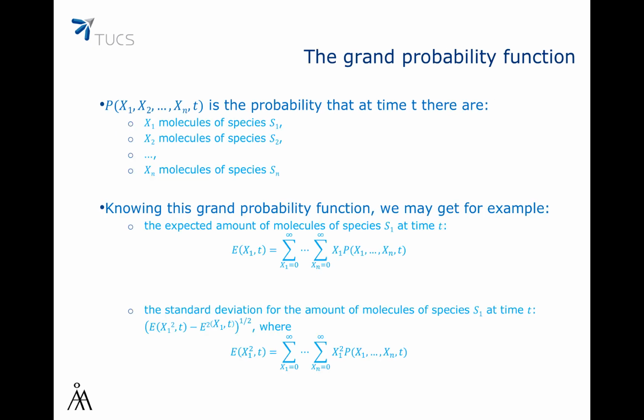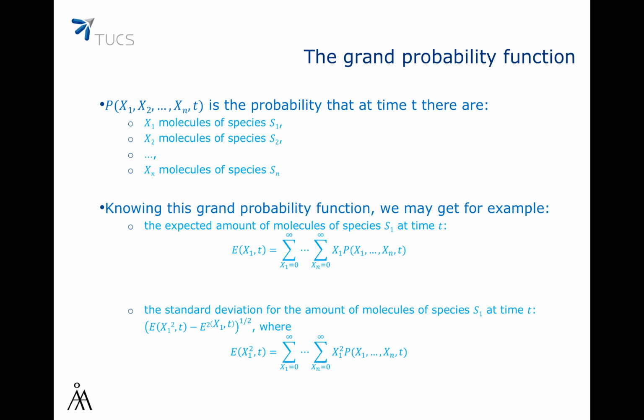The way to reason about the dynamical behavior of a continuous time Markov chain is through the grand probability function. For a system with species or variables S1, S2 and so on up to Sn, this is a function that expresses the probability that at time t we have x1 of the first species, x2 of the second, and so on.